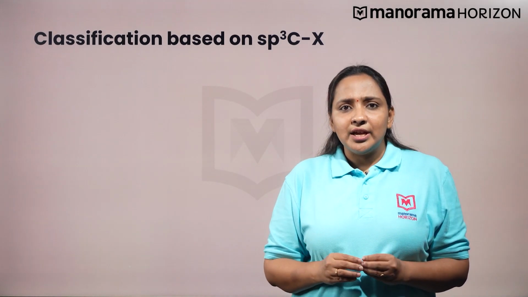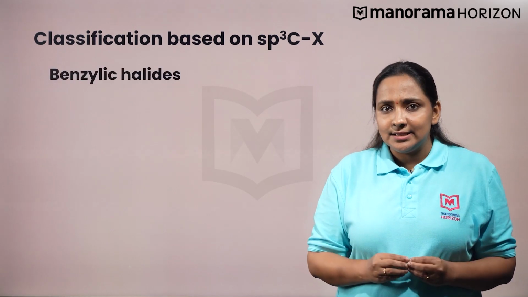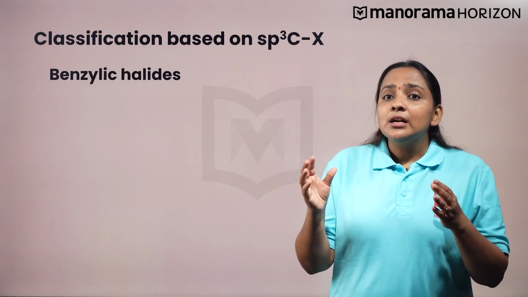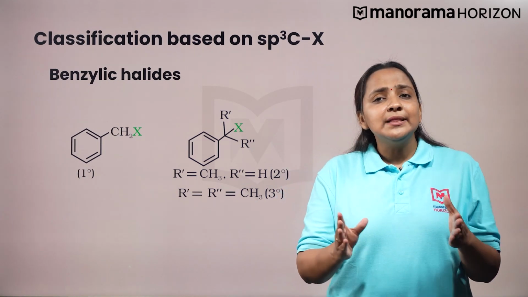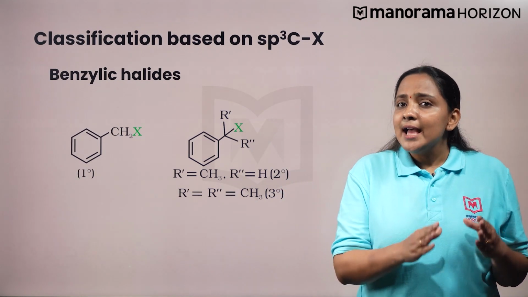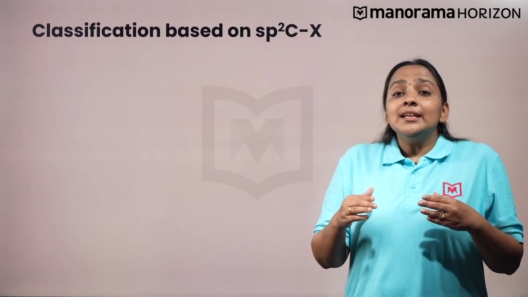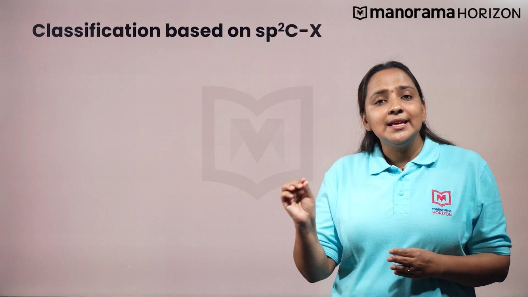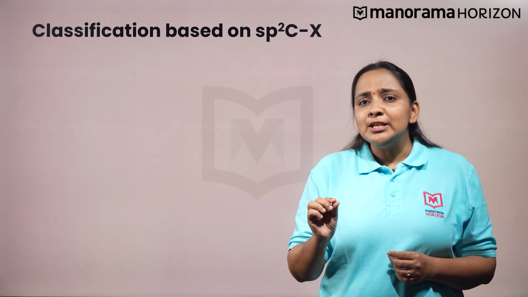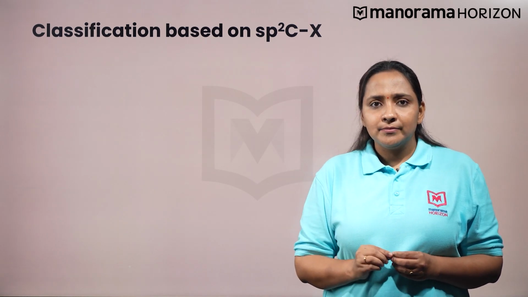The third classification is the benzylic halides. These are the compounds in which the halogen atom is bonded to an sp3 hybridized carbon atom attached to an aromatic ring.